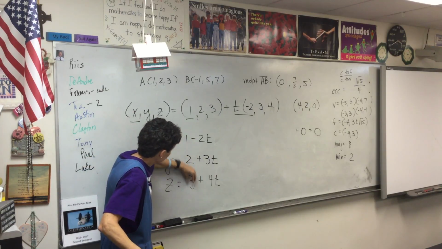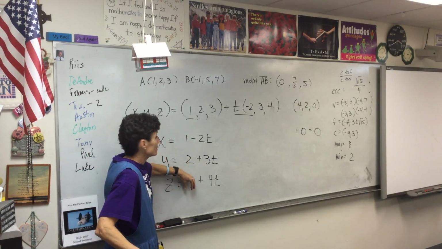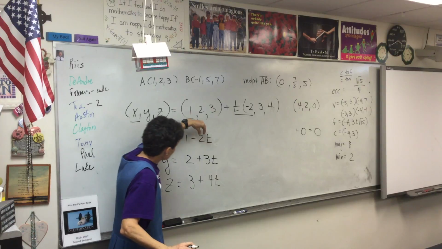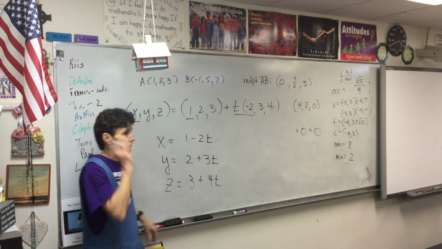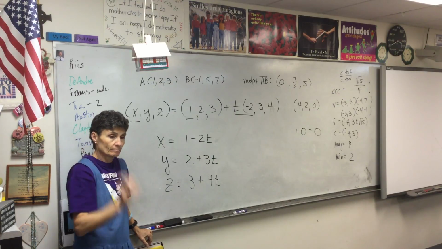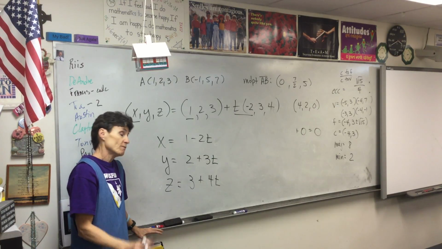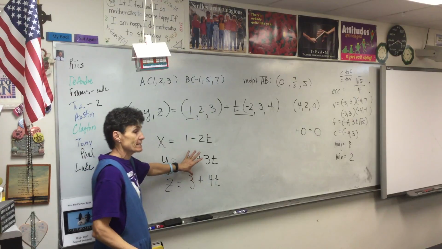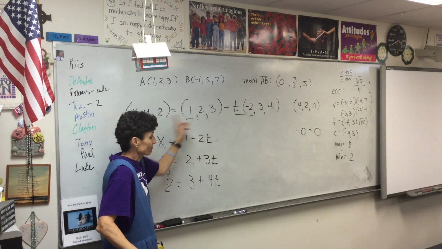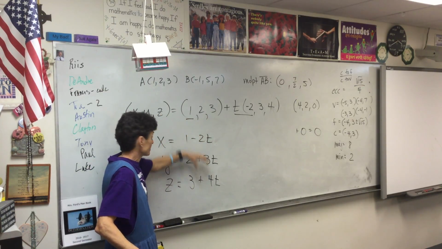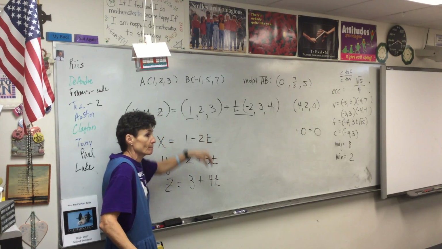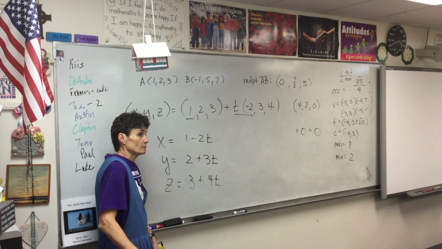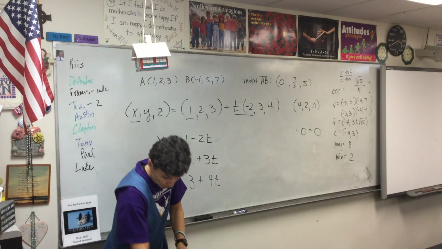So right here in this spot was the point, and then right here on the t's was your direction vector. If you can remember that, you can go straight to this. I always do that first, but you can go straight to this. These will be the point, and these will be your direction vector. Okay, one more.